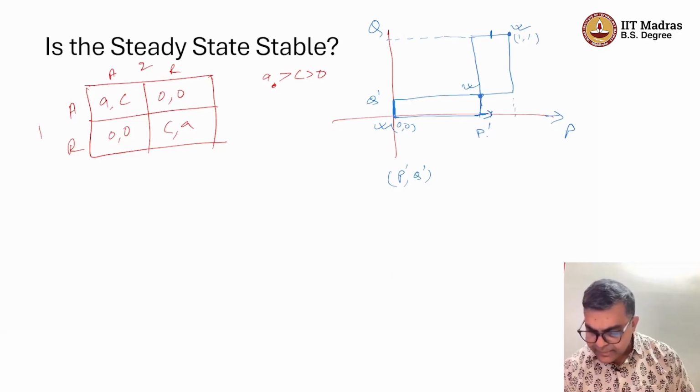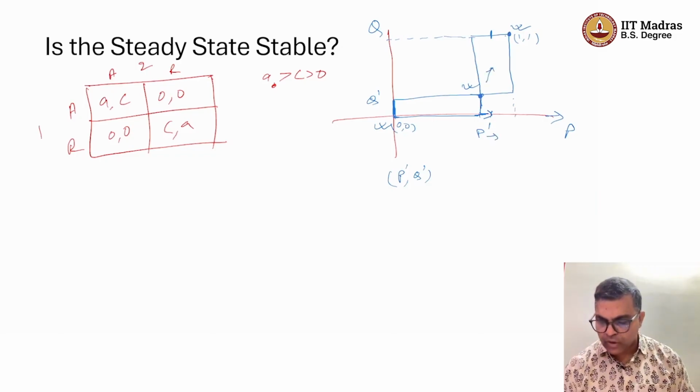So a slight perturbation in this direction will take the equilibrium to 1 comma 1, and if there is a slight perturbation in this direction, then best response is here, that's coming from player 2, then it will take you here, and this is where you would end up. So a slight perturbation will take you away from the equilibrium. In this case, it is very clearly unstable.